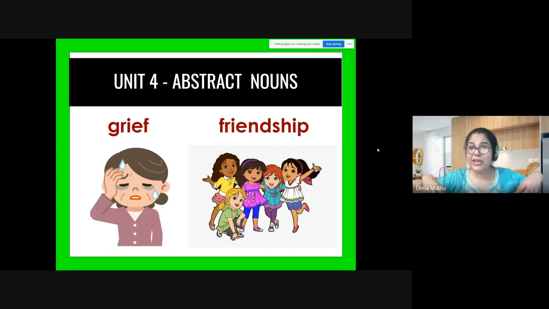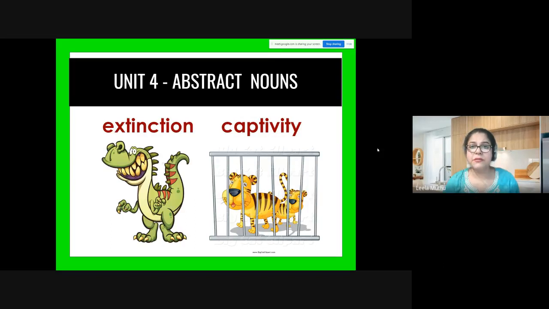Friends is a concrete noun, but the quality that exists between all of you, called friendship, is a concept, an idea. It is an abstract noun. Extinction, an animal which no longer exists on this planet is said to be extinct. This state of being extinct is called extinction, an abstract noun, like the dinosaurs.